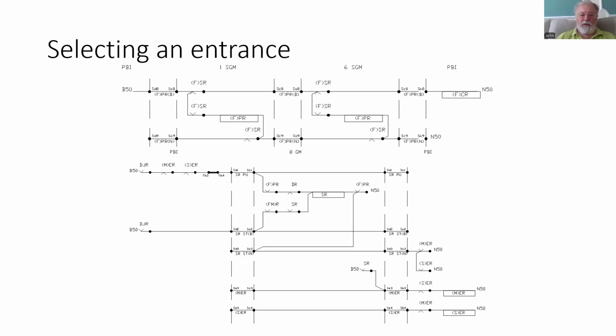And the action of pressing that button enables the relevant SR, the start relay in the entrance set, to be picked and to stick. And it sticks, having sent a feedback to the MER, or SER if it was a shunt entrance, in the PBI at the bottom of the screen. So now our MER is up within the PBI.